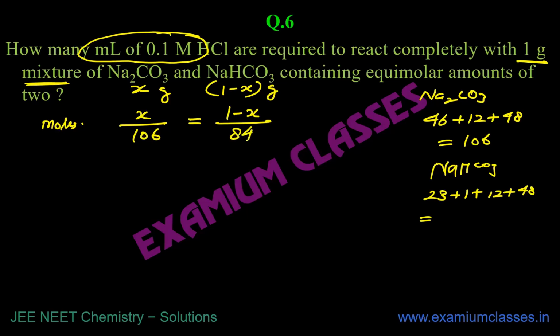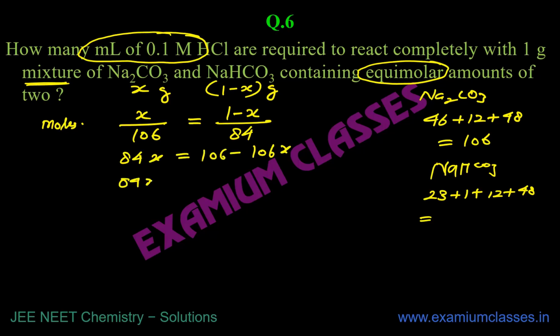So up to here, everyone clear or not? It is written equimolar and total mixture is 1 gram. So if one is x, the other one will be 1 minus x, and then we will calculate their moles. We will equate their moles. Now this is a linear equation in one variable, which you can solve easily. So from here, you can get the value of x. So x will be 84x equals 106 minus 106x.